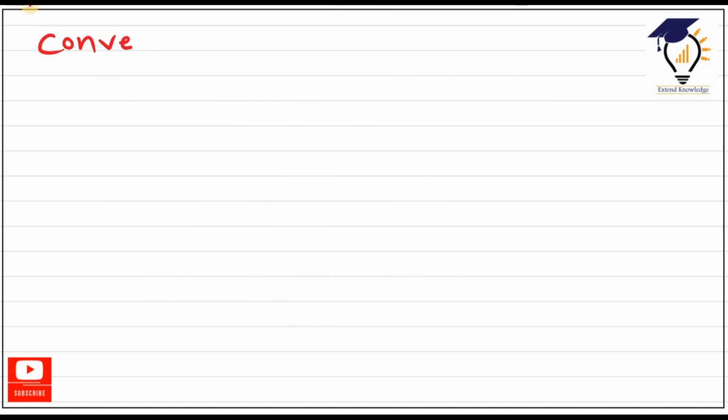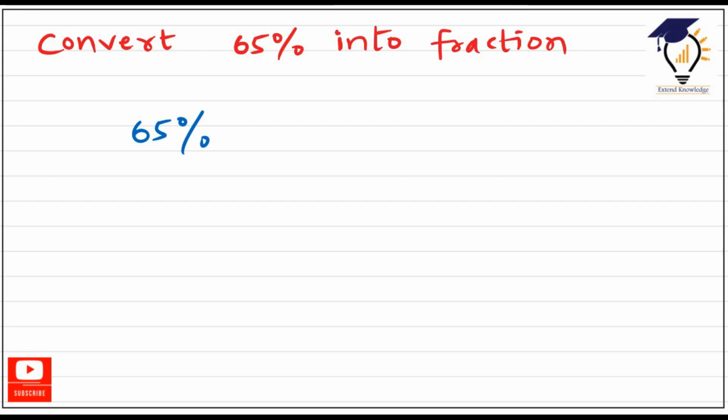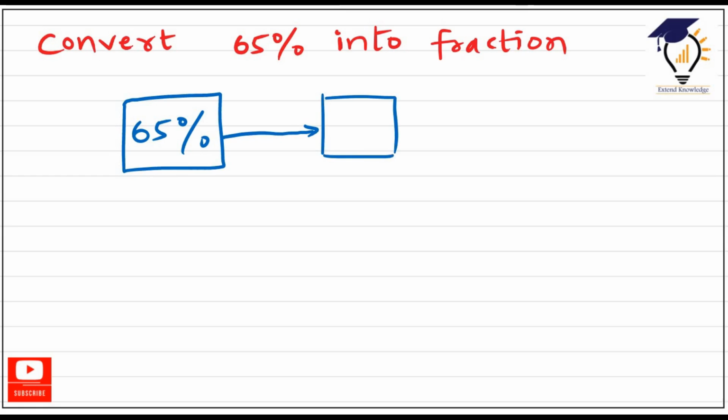One example: convert 65% into fraction. 65% is taken. As we have discussed earlier, to convert this percentage we have to remove the percentage symbol and then divide with 100.